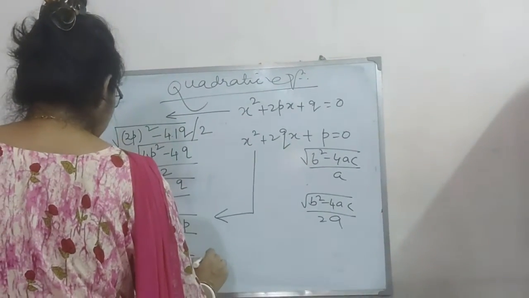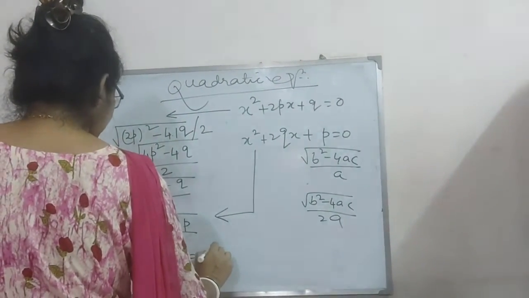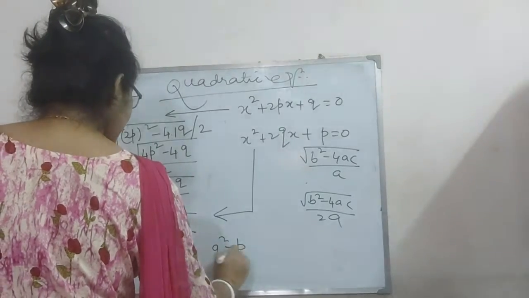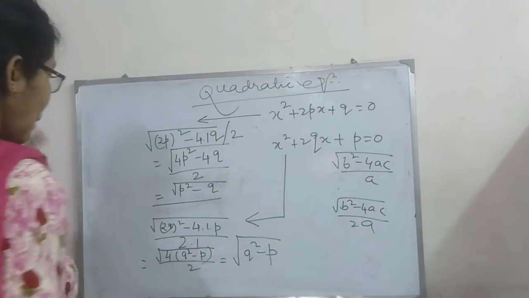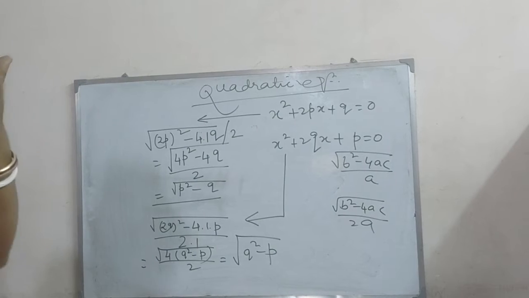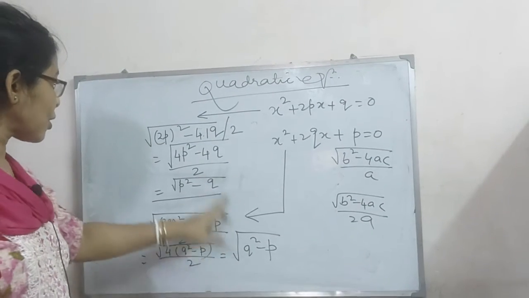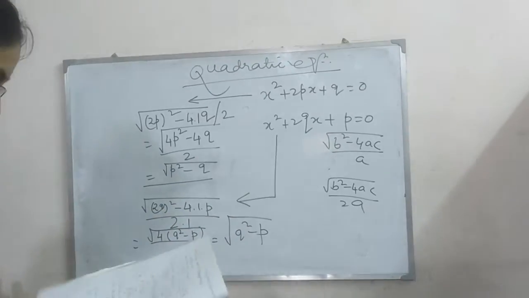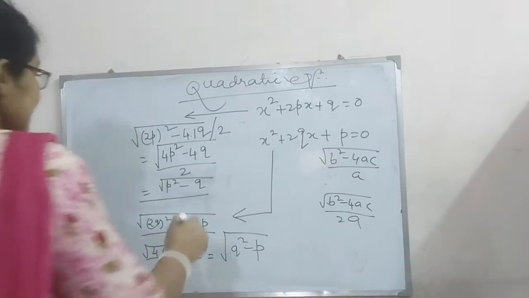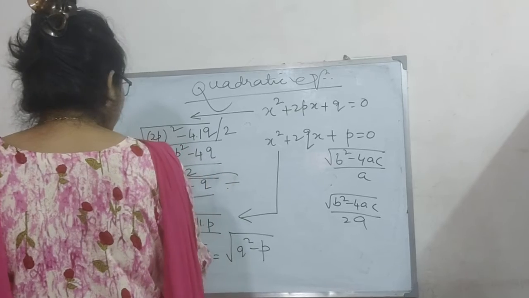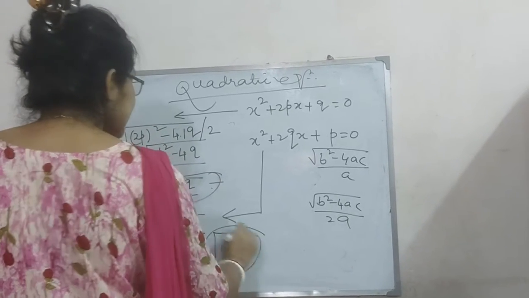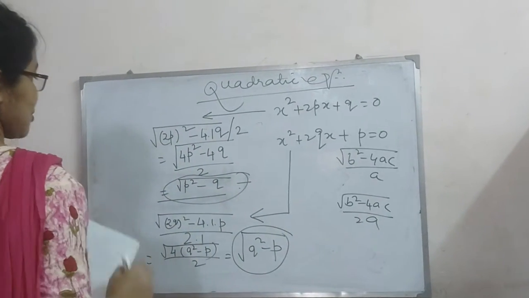That means I will get root over q square minus p. The difference of two roots of these two equations are equal, it is given.